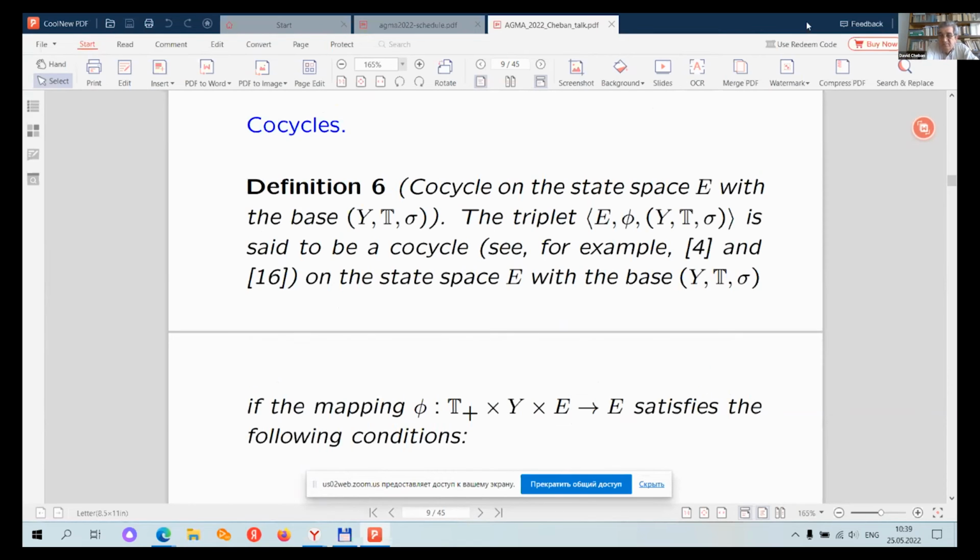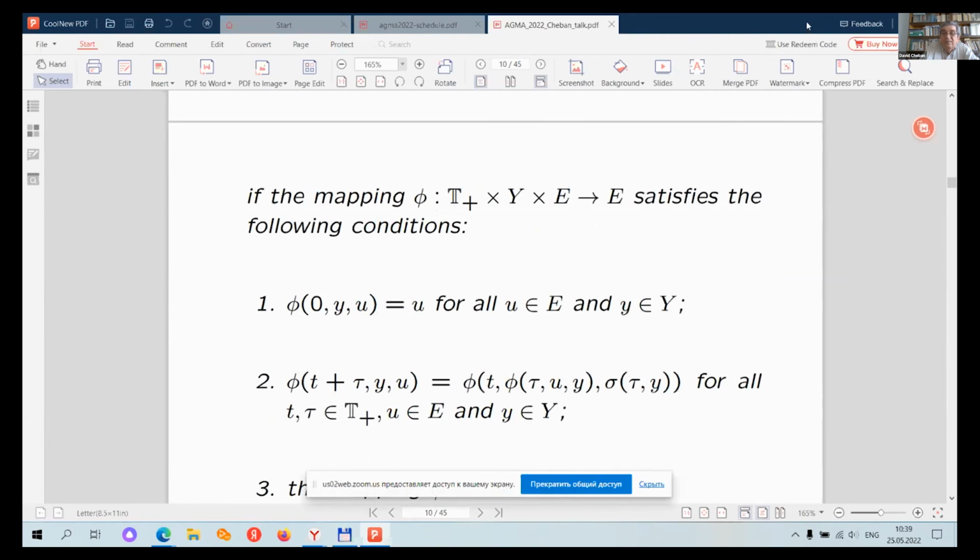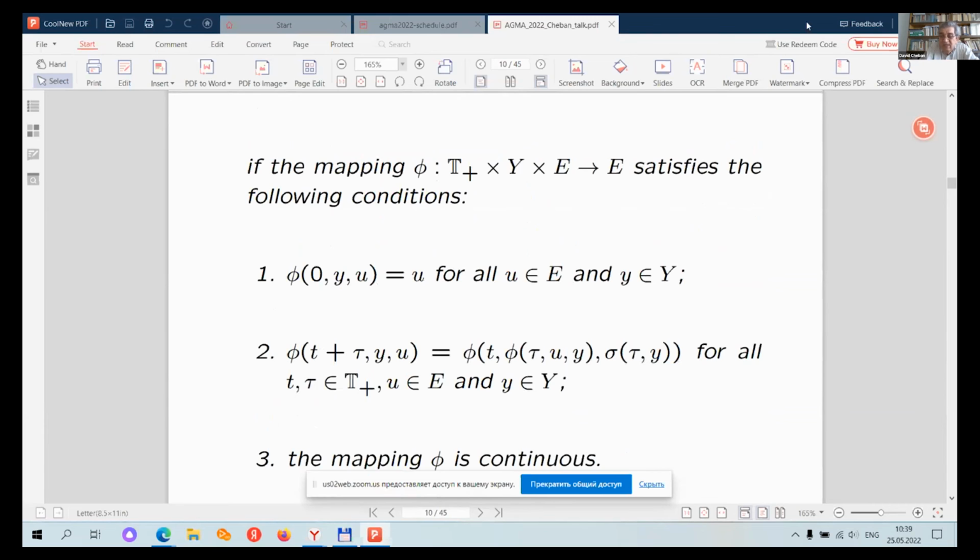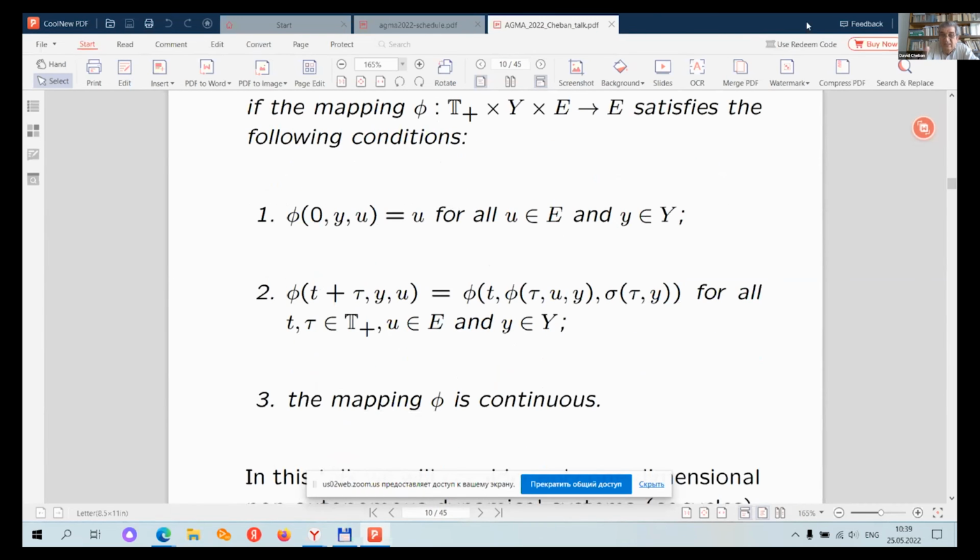The second object is a continuous map phi from a product space. Here we have three objects: time T plus, second is capital Y, the phase space of the driving system, and E is the phase space of this abstract object. The mapping phi possesses the same three properties, not four.